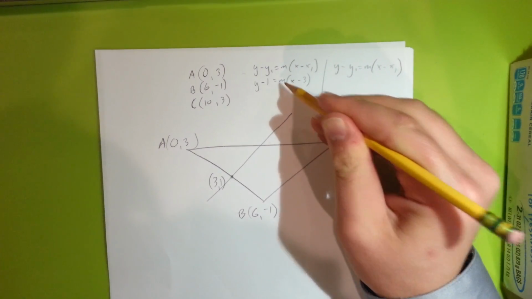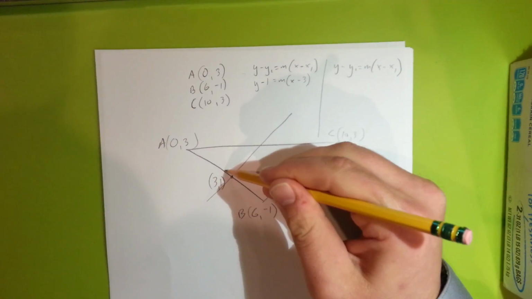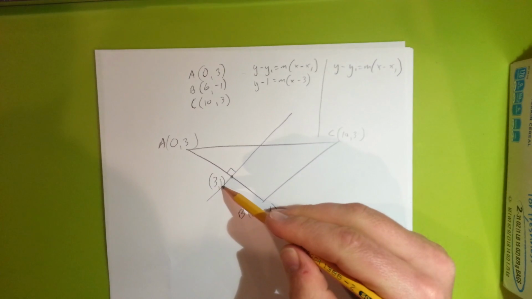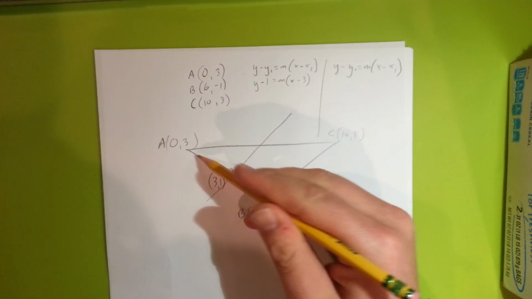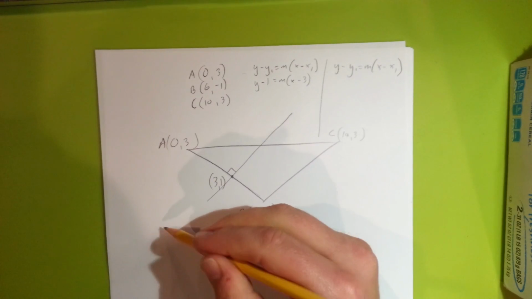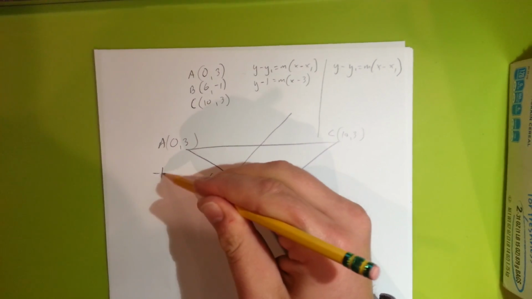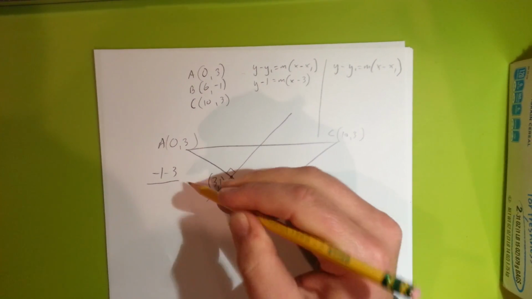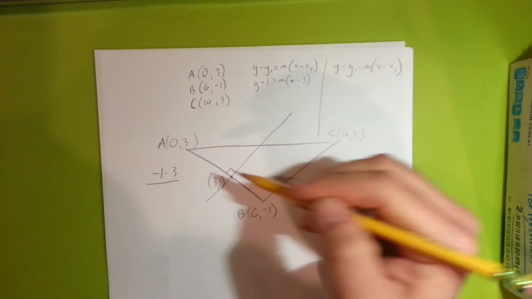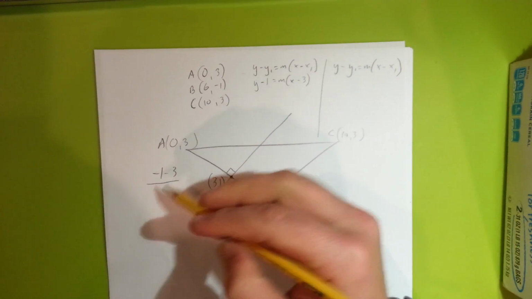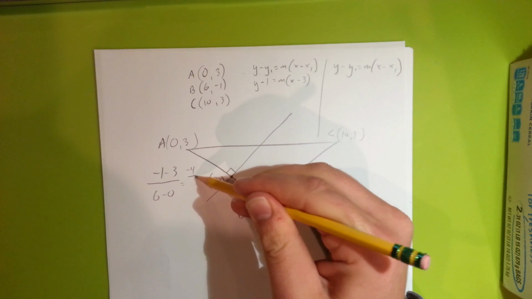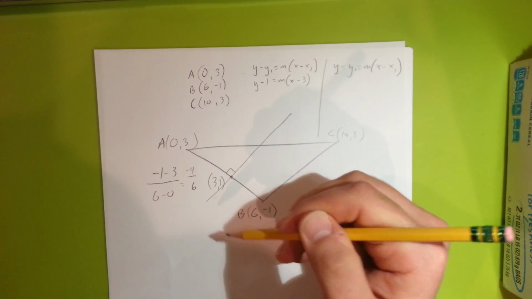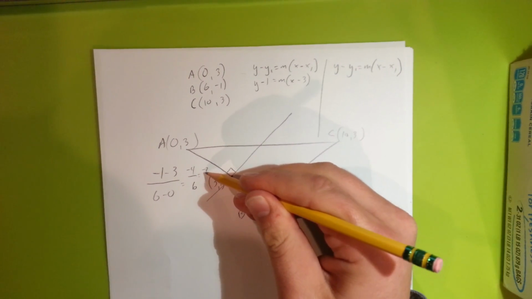Now I just need to find the slope. Since it's a perpendicular bisector, I know it's going to be perpendicular to this line as well. So all I have to do is find the slope of that side, which is negative 1 minus 3, because that's my change in y from negative 1 to 3, over my change in x, which would be 6 minus 0. That gives me negative 4 over 6, or in other words, negative 2/3.